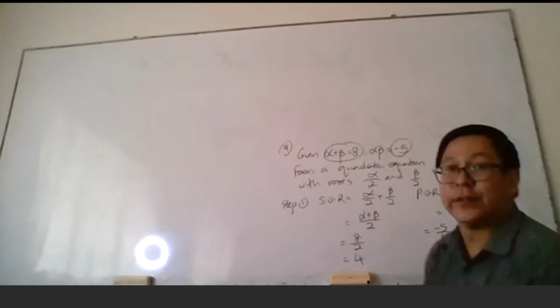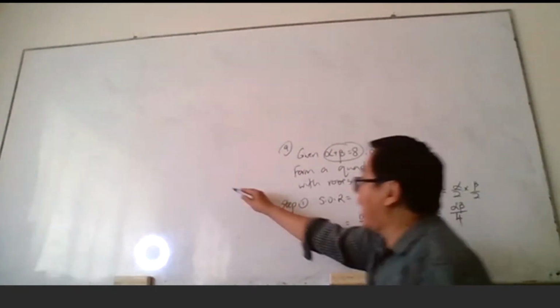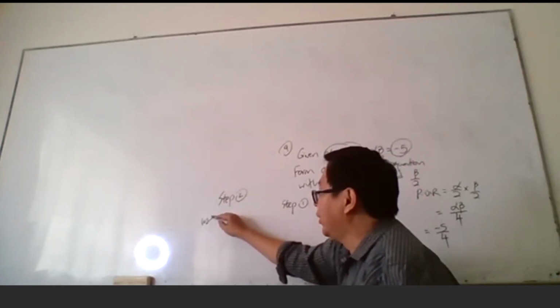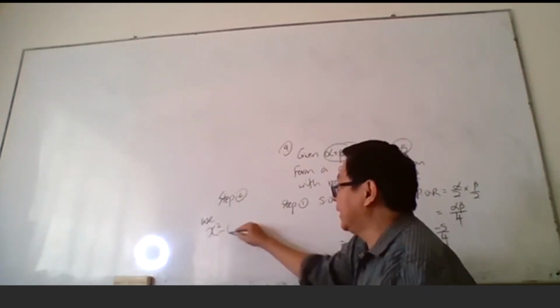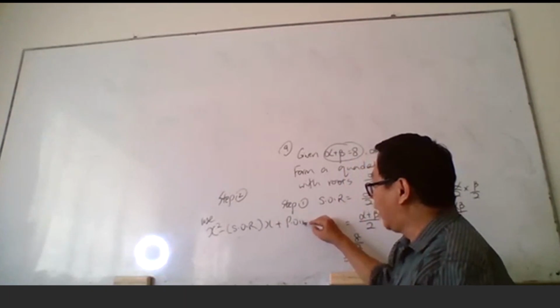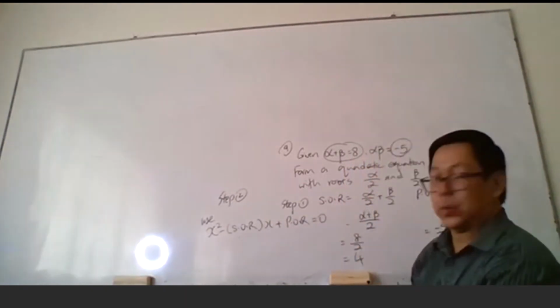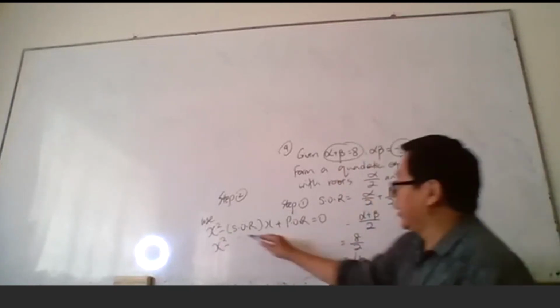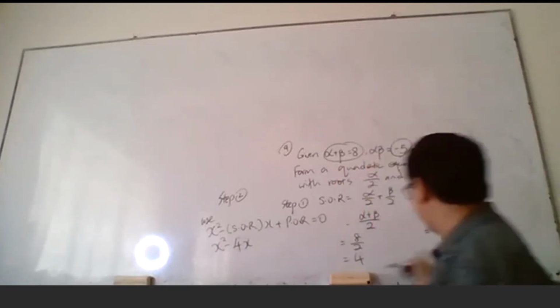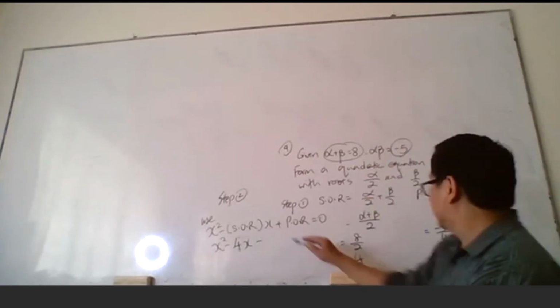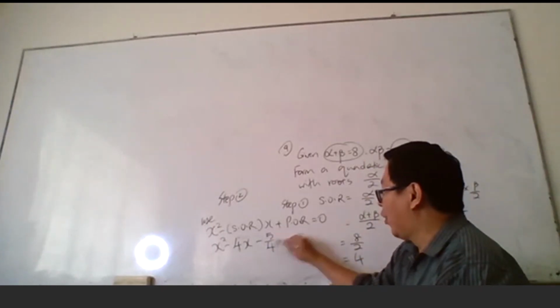So now I will continue to the second step. For the second step, I will use x squared minus the sum of the roots x plus the product of the roots equal to 0. So x squared minus 4x, and plus the product, so you get minus 5 over 4.